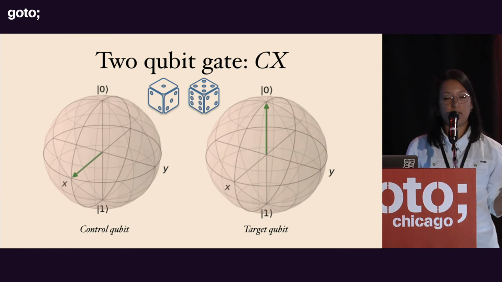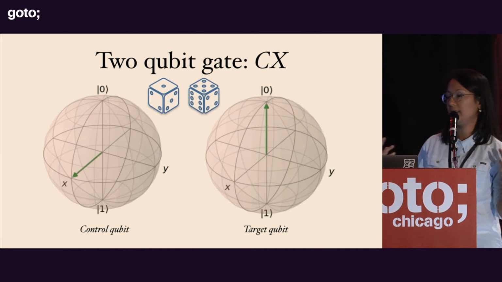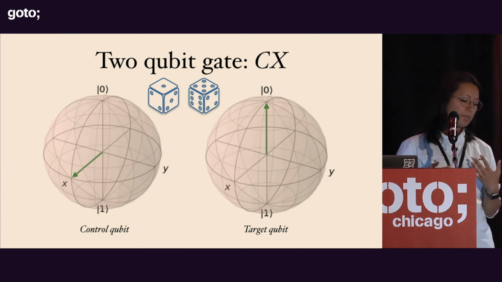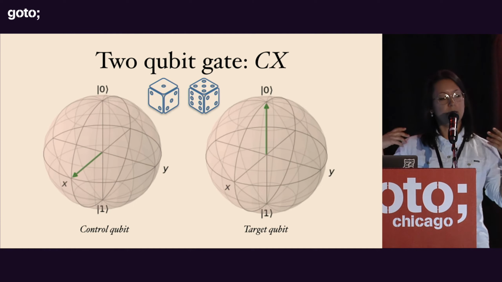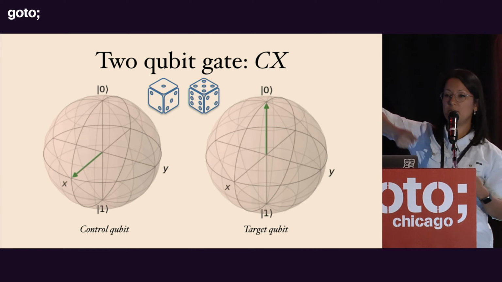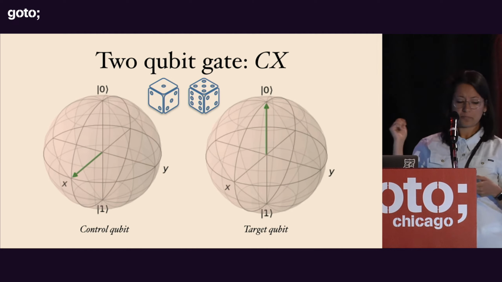But now I can do something very typical of quantum mechanics, which is I can create something called entanglement, right? So what I do is I do the same operation on the control qubit as I showed before with the Hadamard, where I create this cat state, right? The 0 and 1 at the same time.